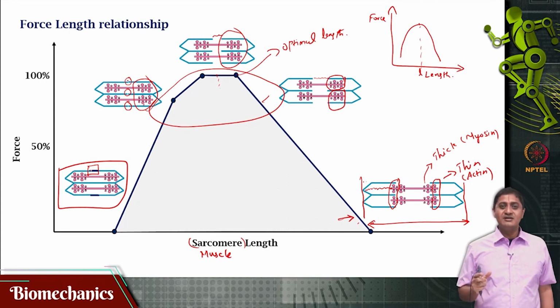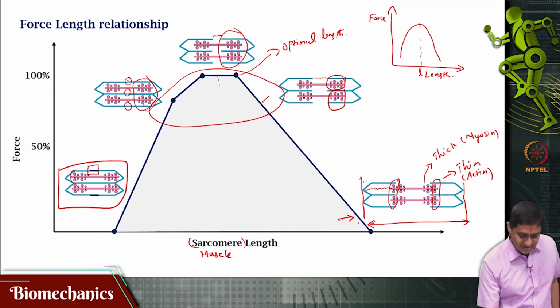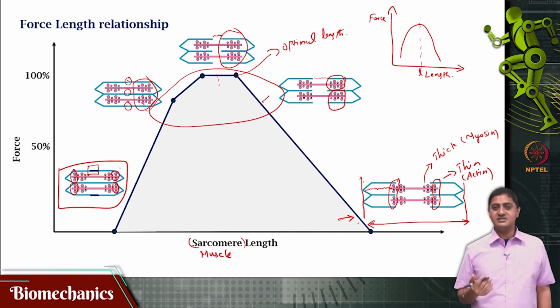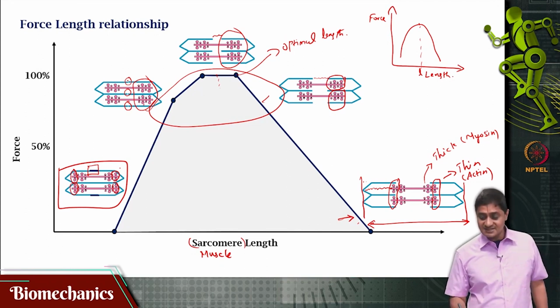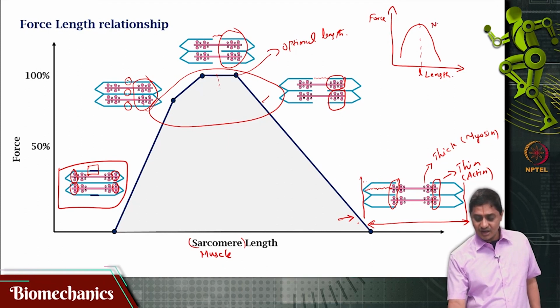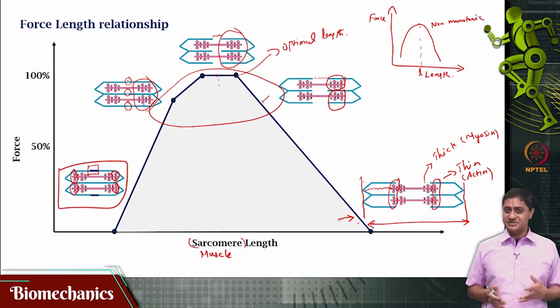So, only a finite number of myosin heads can attach, and these myosin heads will not be in a position to attach. It is because of this reason the force developed is relatively small at very low lengths. This is the reason you are going to have this non-monotonic force length relationship.